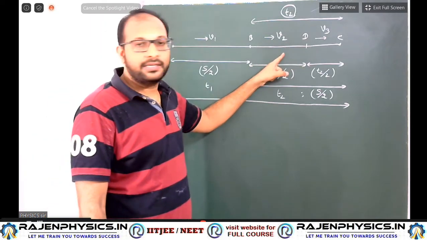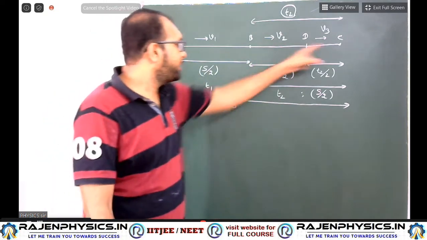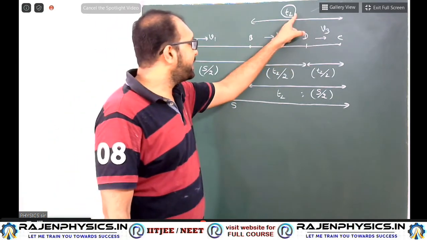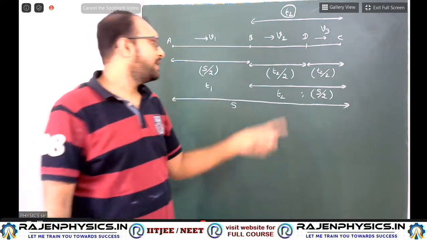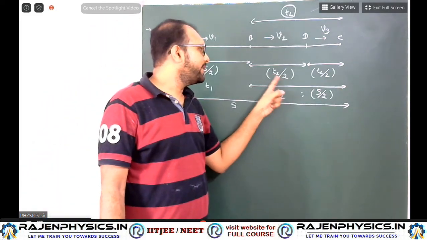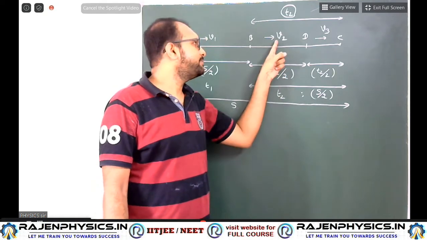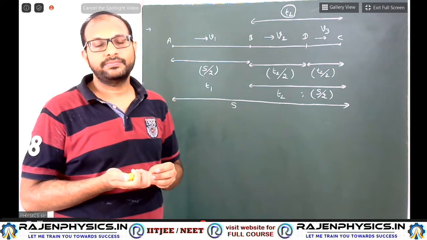In that remaining half, B to C, what is the total journey time? T2. In that journey time T2, half, T2 by 2, the maintained velocity is v2.